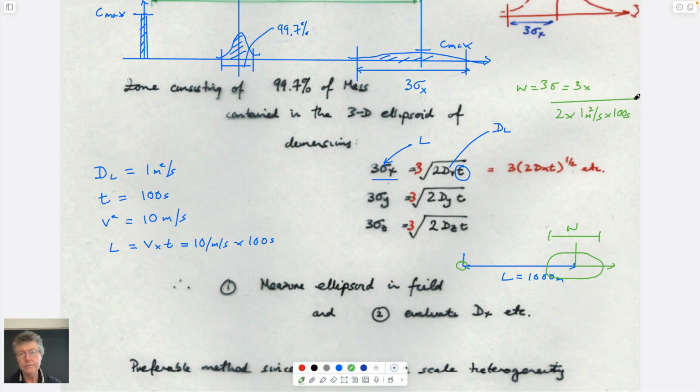So all we're doing is plugging something into this. This is what we're calling W now, which is the length of the plume.